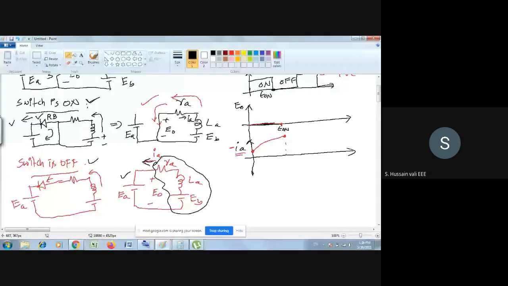No, it cannot, because there is a diode. This diode will not allow the current to flow from cathode to anode. So the design is like that. This happens when you apply brake. I will write here.